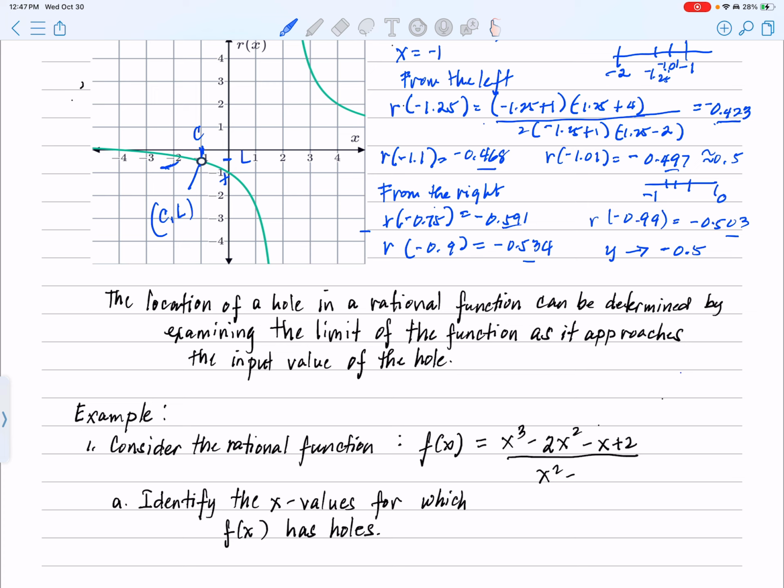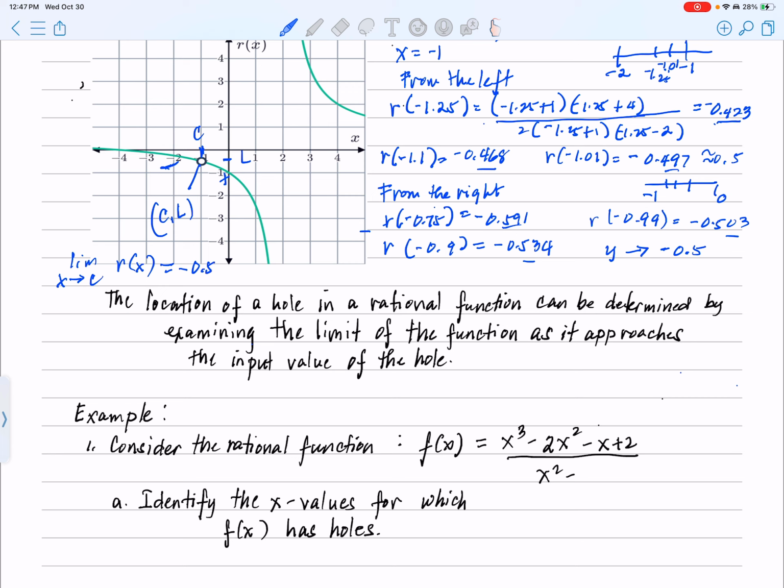All right. So we could write here the limit notation as x approaches c; this will be the formation of the limit notation. The r of x is equal to -0.5.